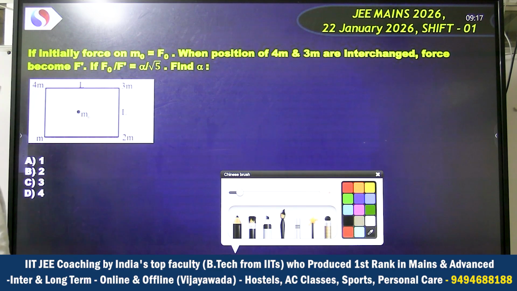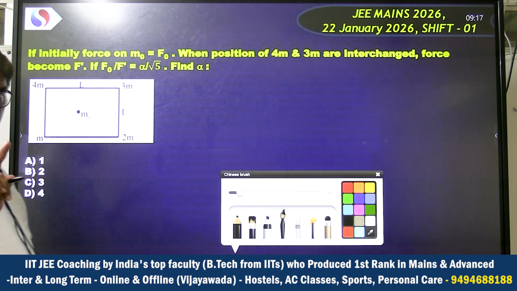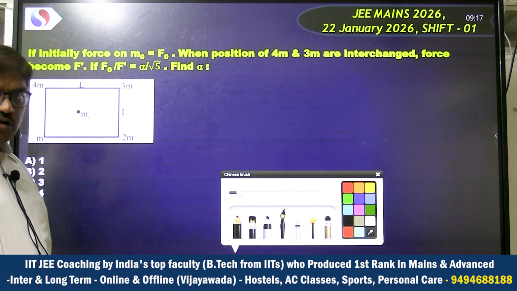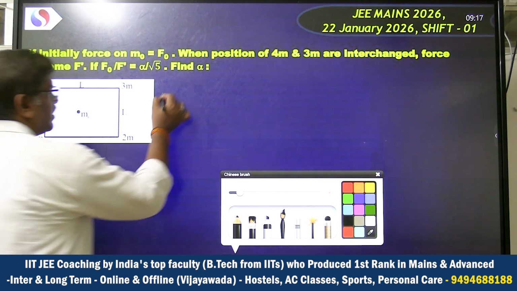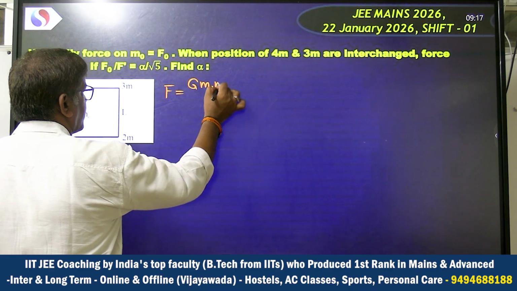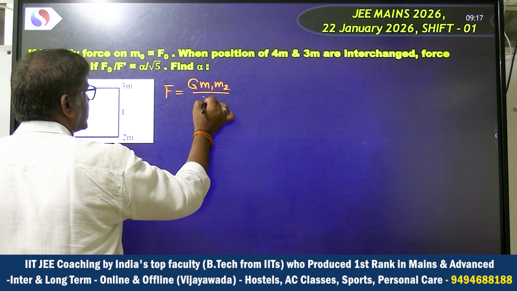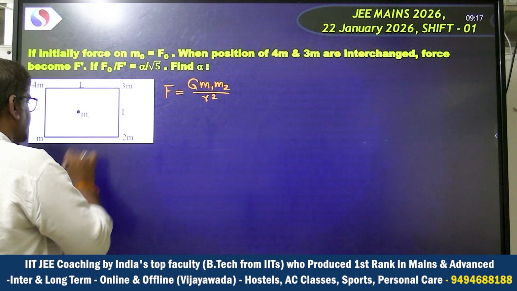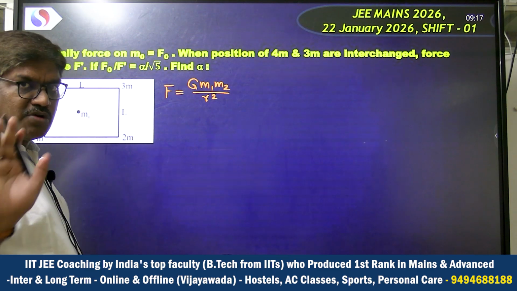First you need to understand that again, superposition, and in superposition try to first check the symmetry. You know that the Newton force between the two masses will be G m1 m2 by r square. As far as it is the center, the distances are all same, so I'm not worried about r.